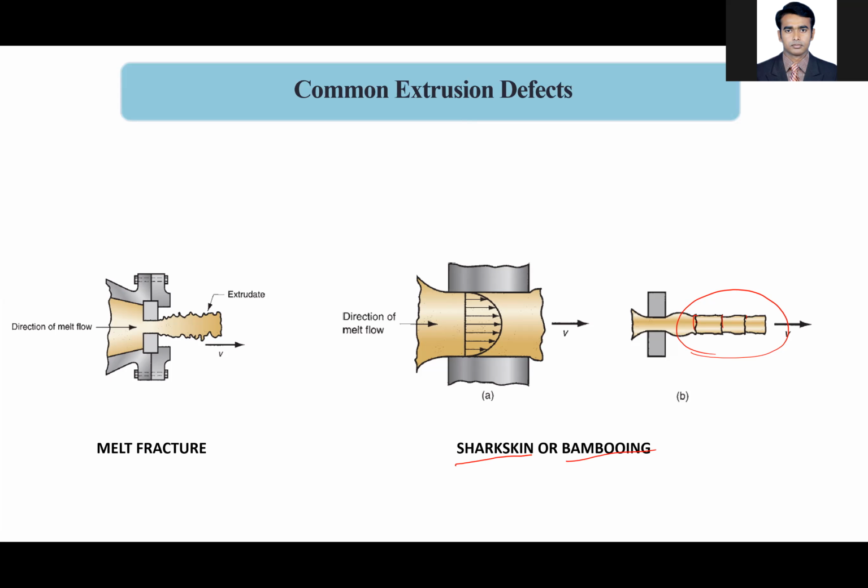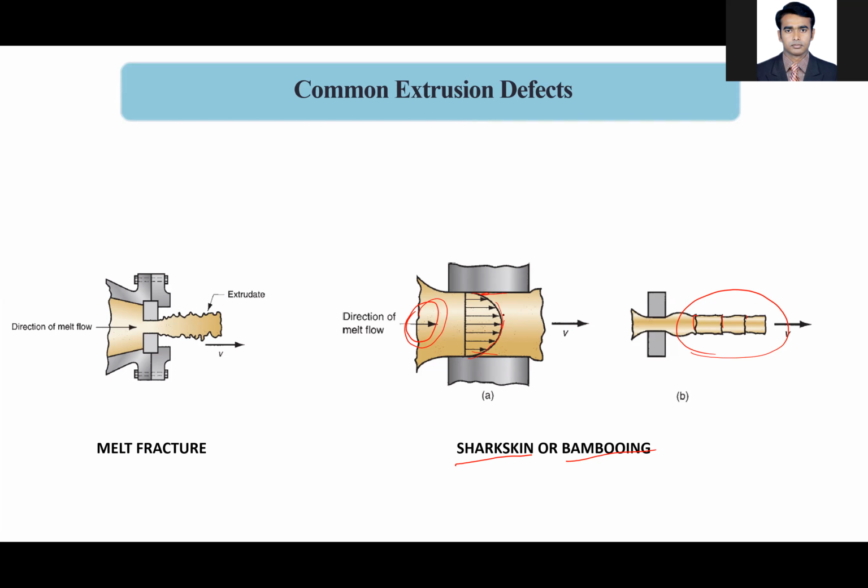Okay, and this actually happens due to the velocity. If there is too much pressure inside, the velocity profile is like this. On the surface, velocity is very low, and in the middle, velocity is very high.